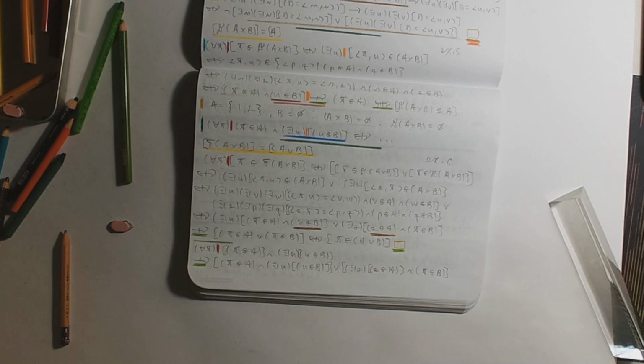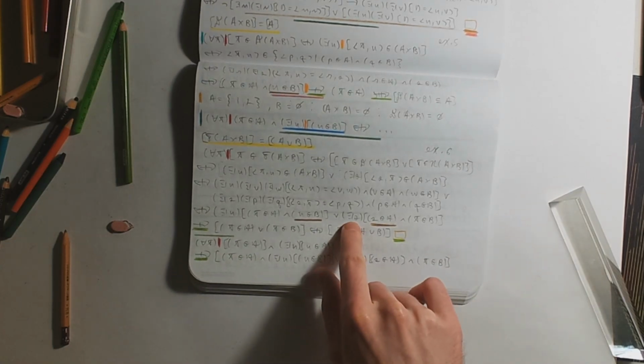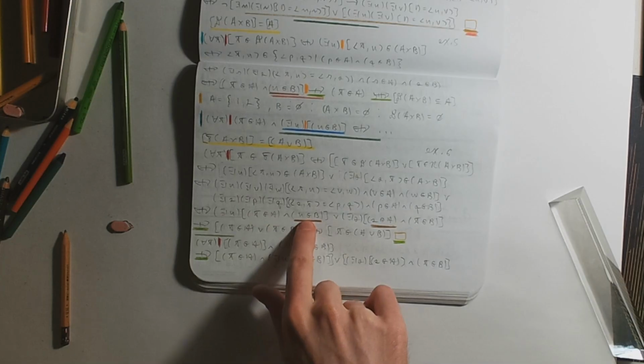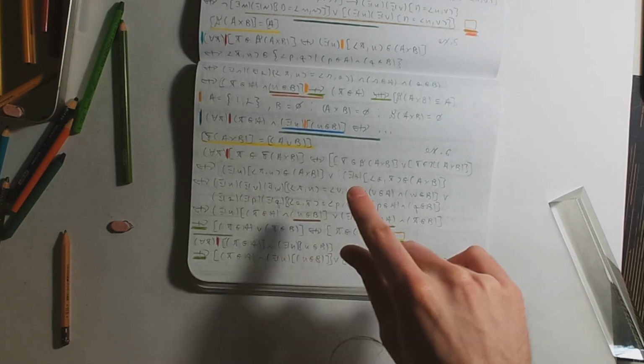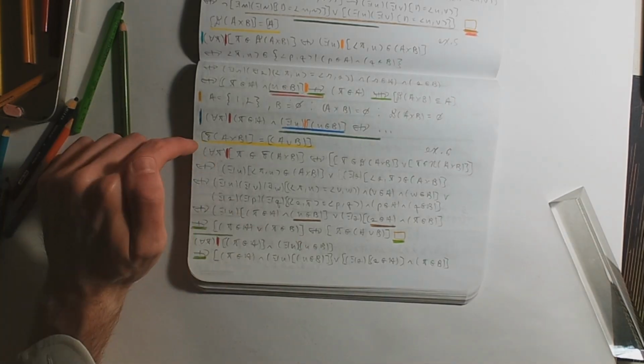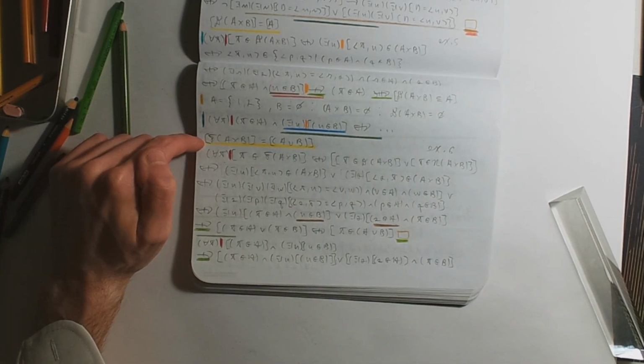So we don't need both. We don't need both there exists an S such that S is an element of A and there exists a U such that U is an element of B, because, well, we already know we can get back from the original expression.